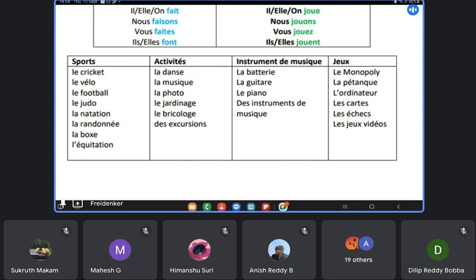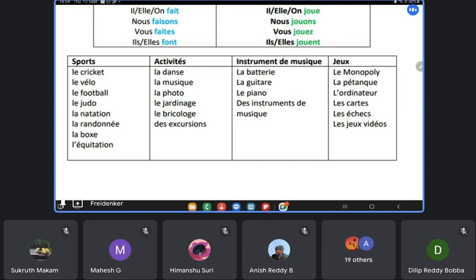There was some picture involving the drums, and we had to write this. Batterie ends with an e, so feminine. Guitare ends with an e, so it is feminine. Piano is masculine, it's taken from English: le piano. Des instruments de musique, in general, so it's just there.